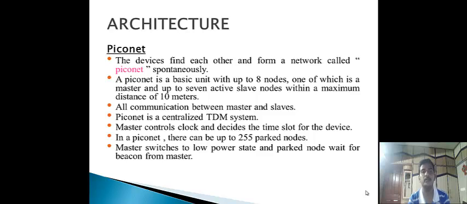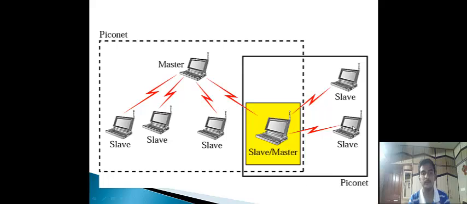Let me show you a diagram to be clear how the Piconet works. As we can see, this is a Piconet, and here is the master and these are the slaves, and the master decides when the slaves need to communicate. And through this the Bluetooth communication takes place.